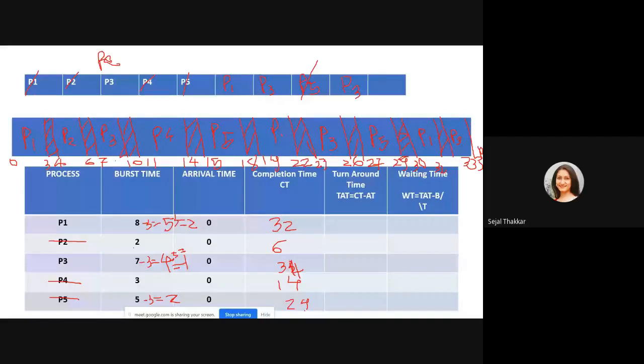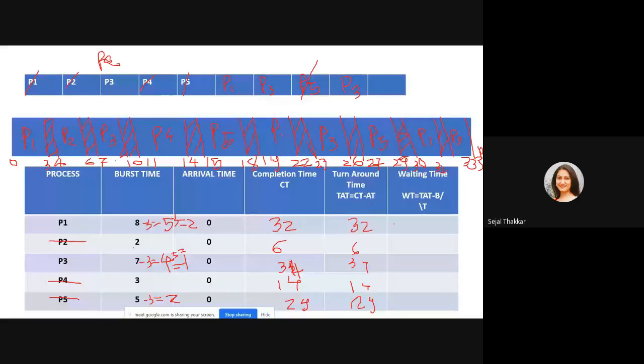Yes. Now turnaround time is completion time minus arrival time. It will be the same as the completion time for all of them, because the arrival time is 0. Now what is the waiting time?